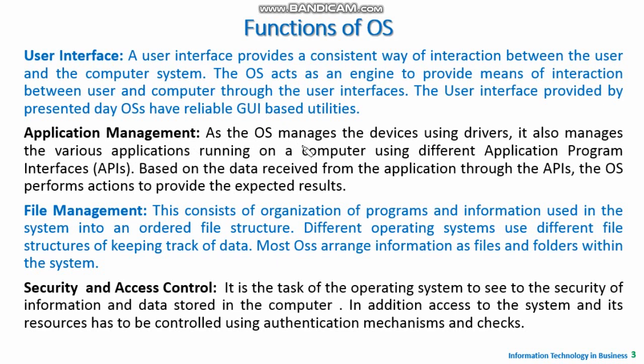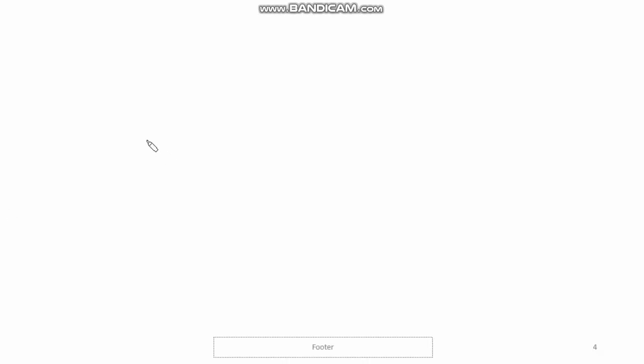And going to the next, application management. We know in a computer we will have different programs, different applications running. All these applications need to be managed, and data has to be received and passed between the operating system and the application. Here, for example, if this is the computer and this is an application, let's say you're running an application for playing video.